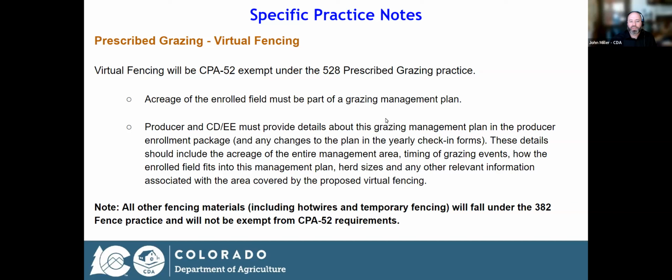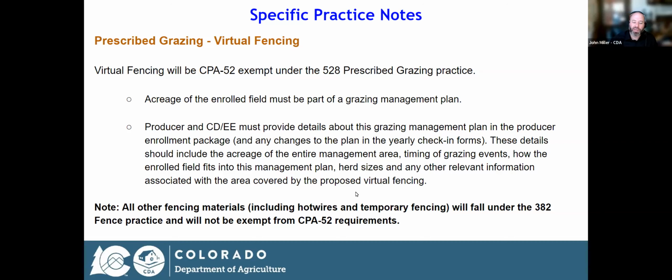And in order for them to do prescribed grazing and virtual fencing, we must have a grazing management plan. So if they don't have one already, they're going to need to develop one. And then the producer and conservation district / entity must provide details about this grazing management plan in the producer enrollment package. And then they should report any changes to the plan in the yearly check-in forms.